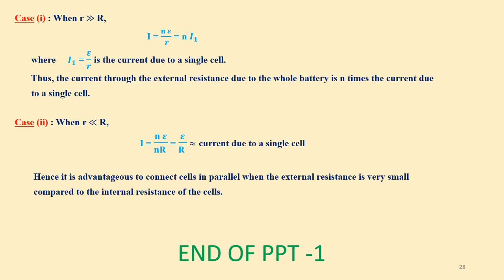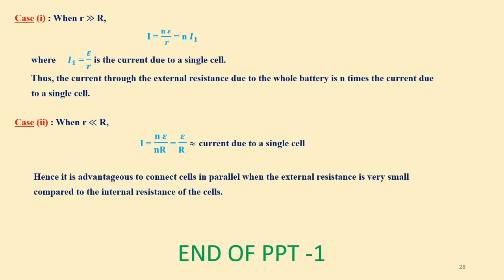Thus, the current through the external resistance due to the whole battery is n times the current due to a single cell.